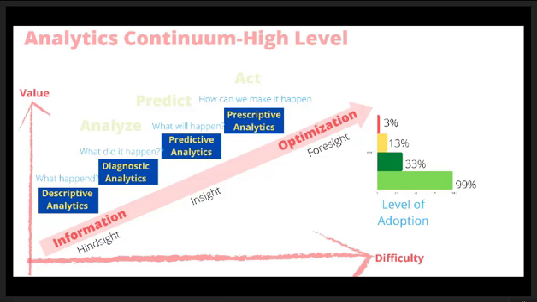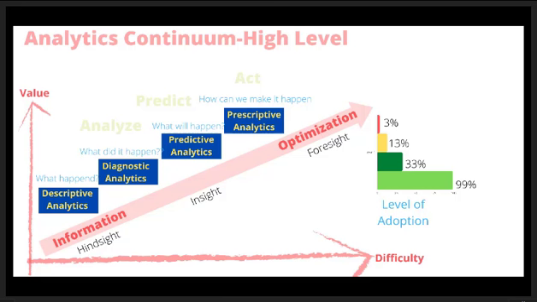The next one is diagnostic analysis. As the word says, diagnostic is a diagnosis, right? For example, when you go to see a doctor, what does he do? He does the diagnosis. You will understand why the fever would have happened by doing some blood test or some other kind of test.